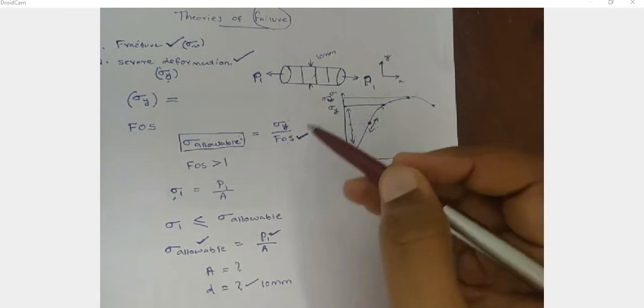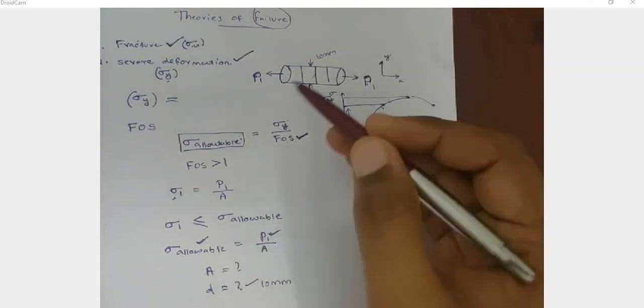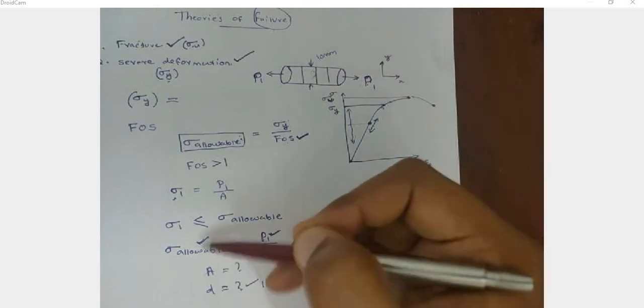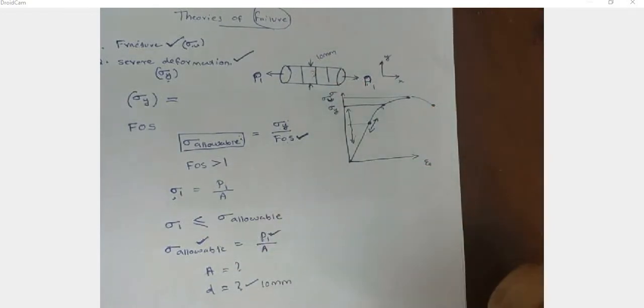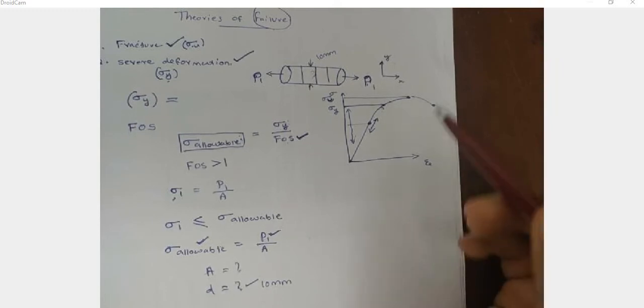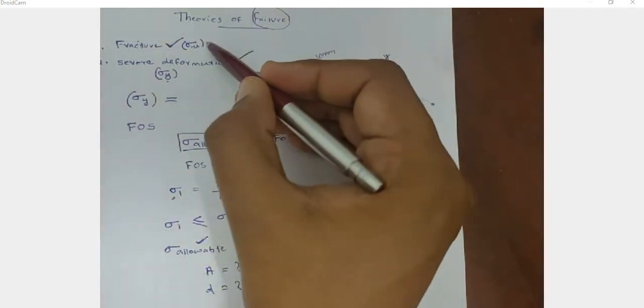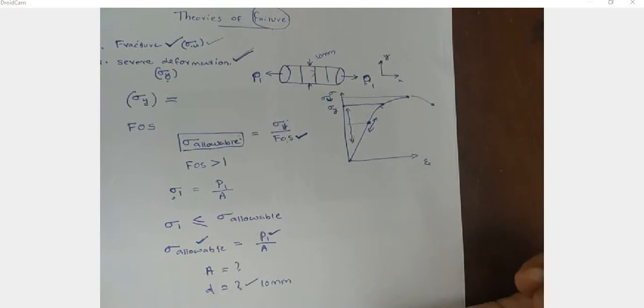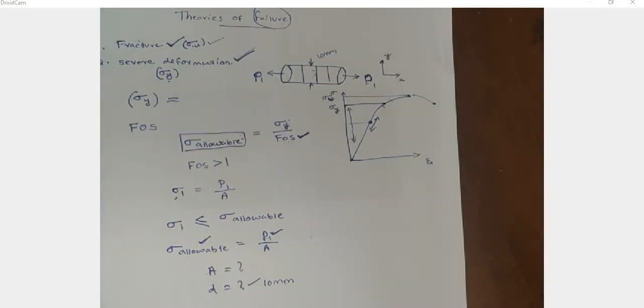The stress developed across any cross section of this bar will always be less than or equal to sigma allowable. So we can ensure the safety of the material by satisfying these two conditions: severe deformation and fracture. This is a simple case, a bar subjected to uniaxial tension.